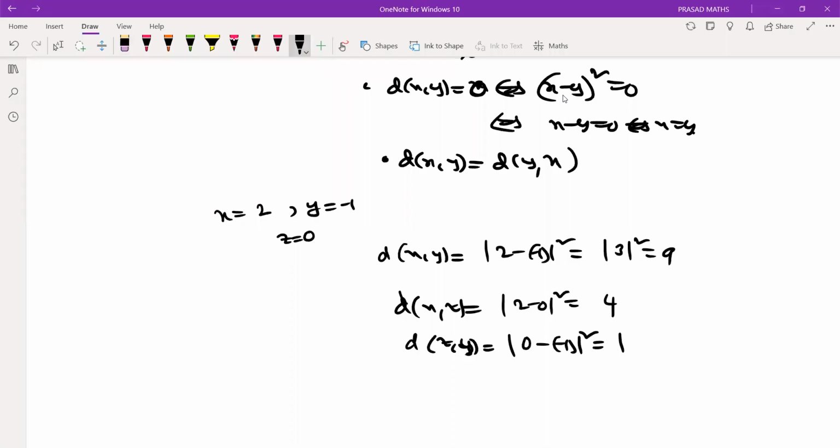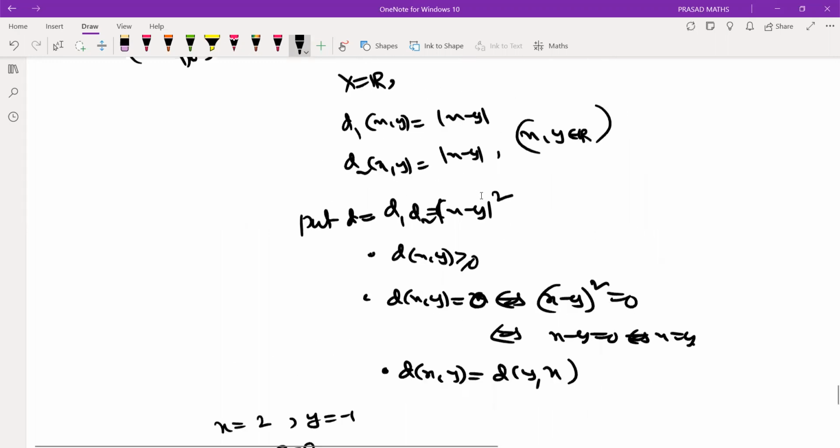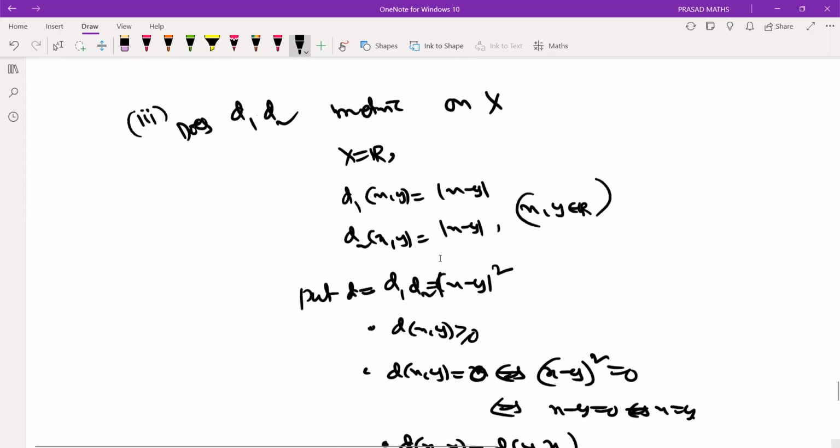Therefore, we observe that the distance between x and y is 9, but 9 is bigger than 4 plus 1. Here 4 is the distance between x and z, and 1 is z comma y. Therefore, it fails to satisfy the triangle inequality, hence it cannot be a metric. d1, d2 are metrics on X equals R, but d1 into d2 may not be a metric.